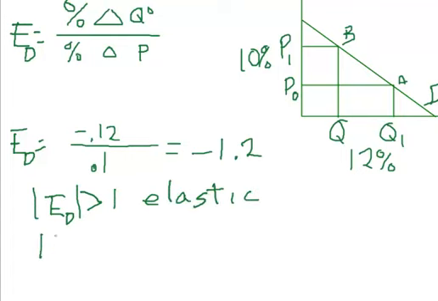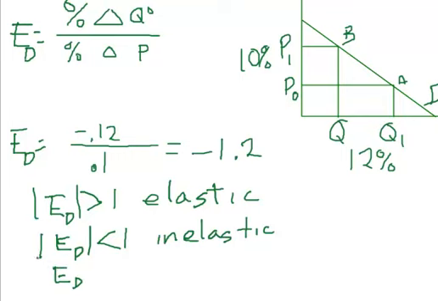Now, if the absolute value of the elasticity of demand was less than 1, we would call it inelastic. That would be a fraction. And if the elasticity of demand, absolute value, was equal to 1, we normally call that unit elastic.